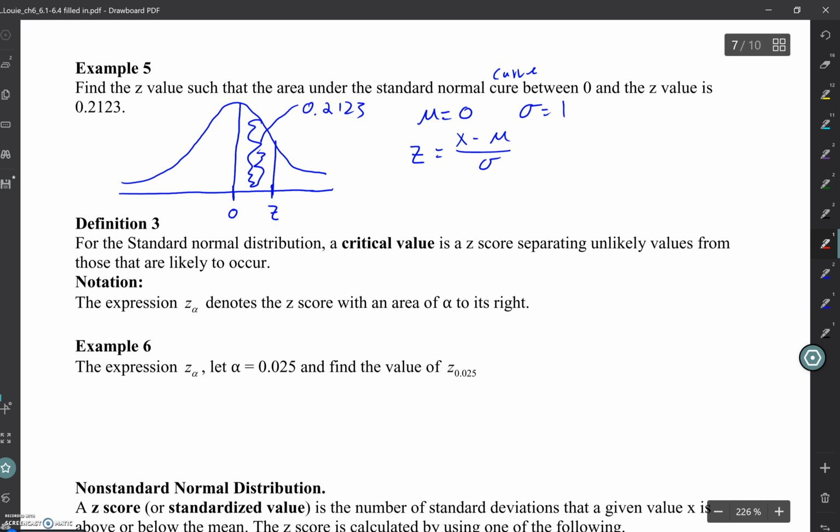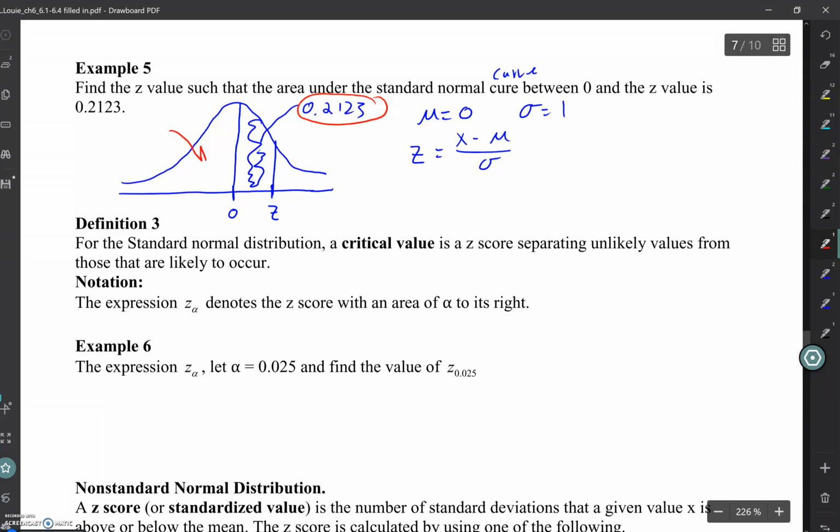And if this is the area, where did we get our areas before? From the table. But the table gives me the area from a point down. So this is how much is above my mean. What's the area from 0 below? 0.5, 50%.